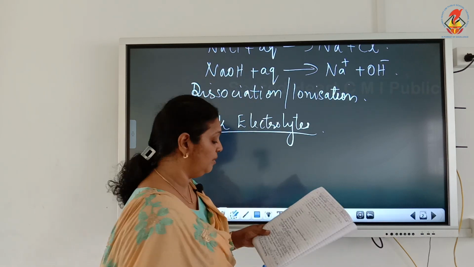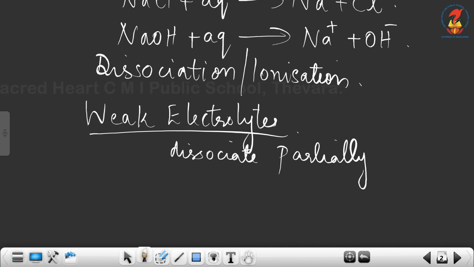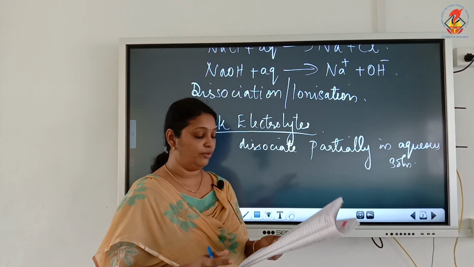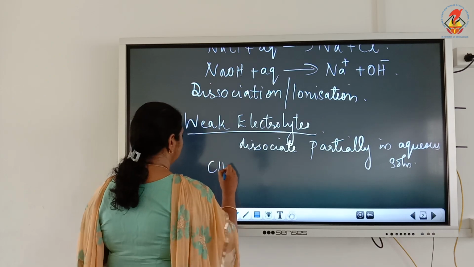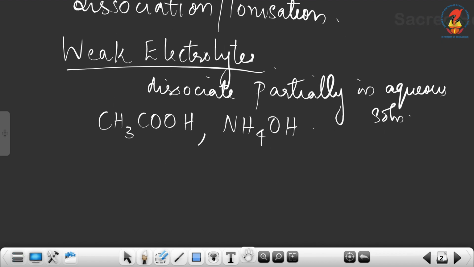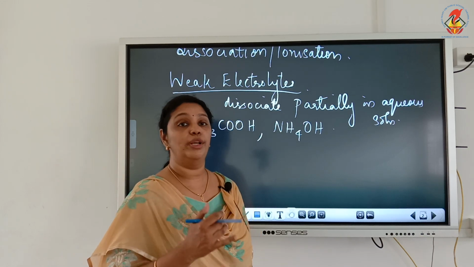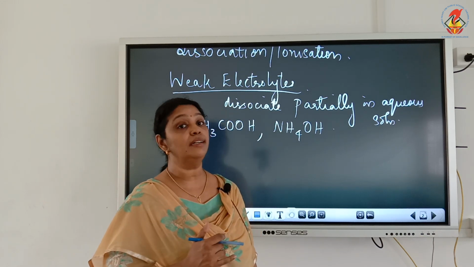An example of a weak electrolyte is acetic acid, which is a weak acid. For a weak base, an example is ammonium hydroxide. Acetic acid and ammonium hydroxide are weak electrolytes; acetic acid is an acid and ammonium hydroxide is a base.